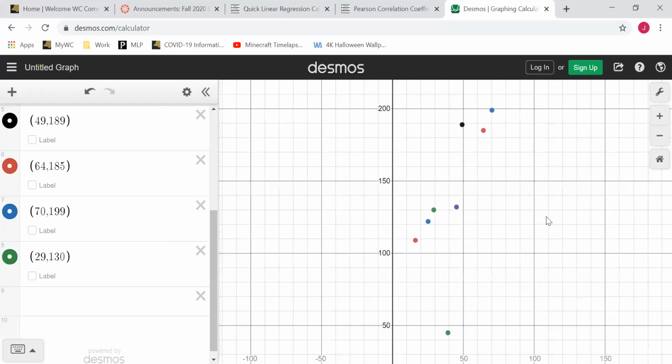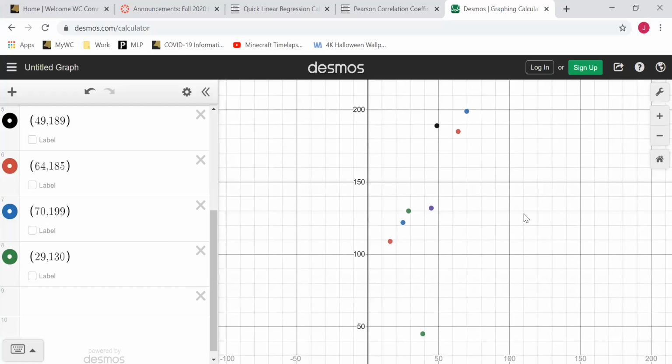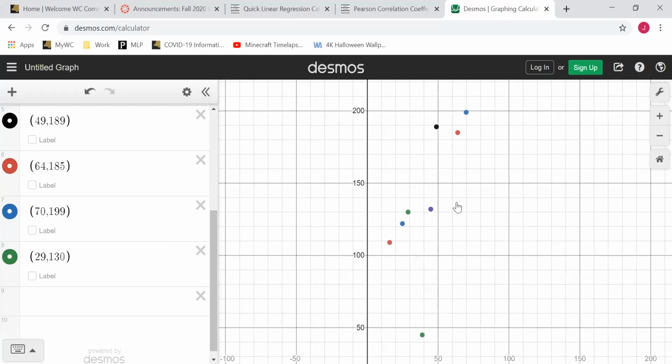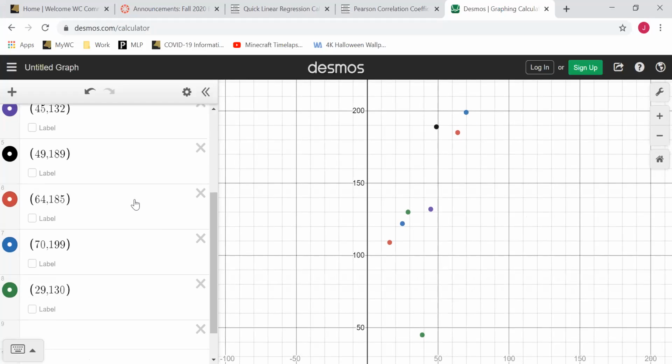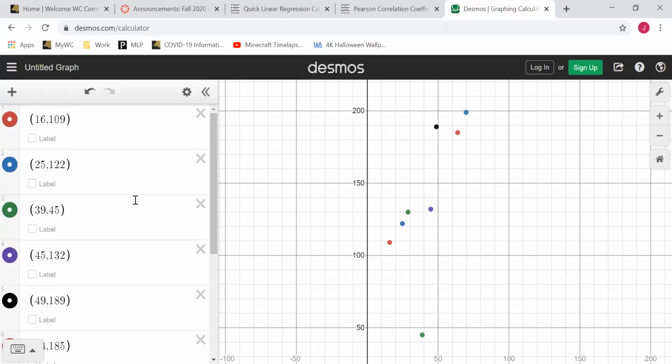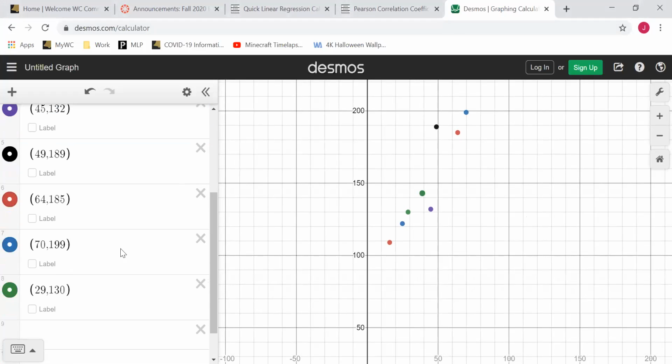So what I've done, I've graphed a scatter plot of the data over here. And oops, 39 and 143. Let me just fix that point here. Okay, so we see scatter plot data.